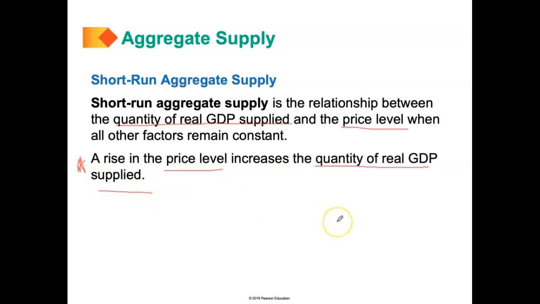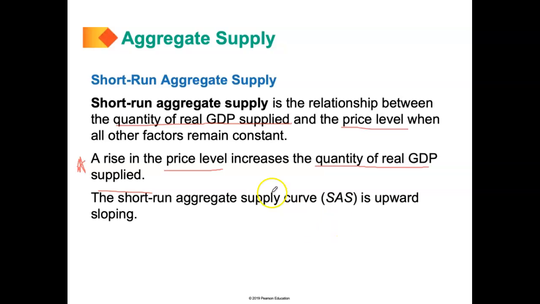As the price level increases, producers collectively want to sell more because they make more profit, so they produce more. Conversely, as the price level decreases, the quantity of real GDP supplied decreases as well.